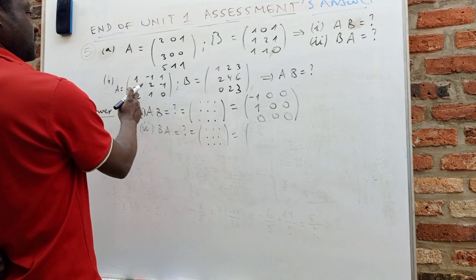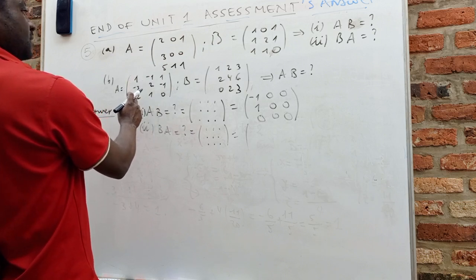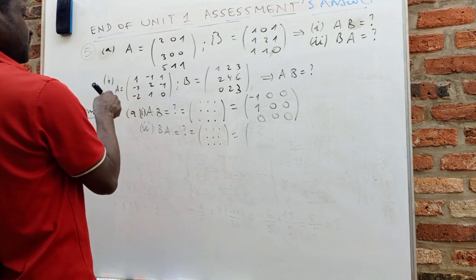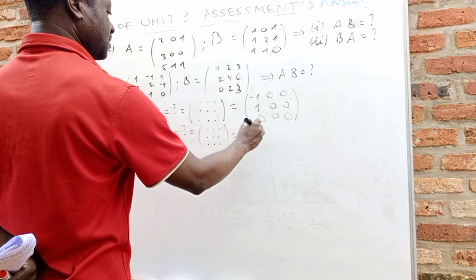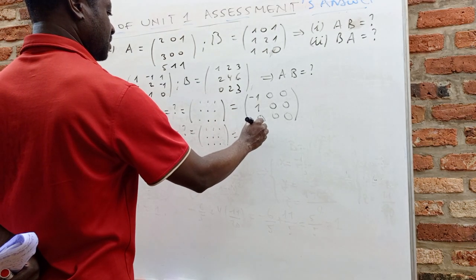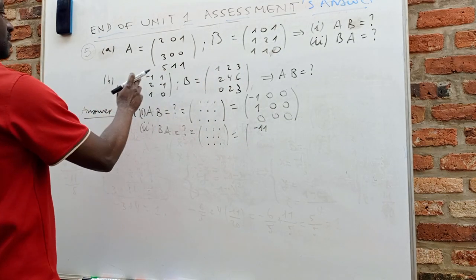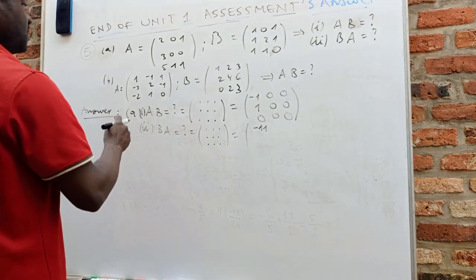This times this is 1 minus 6 minus 6, is minus 11. Okay, this times this, 1 minus 6 minus 6 is minus 11.